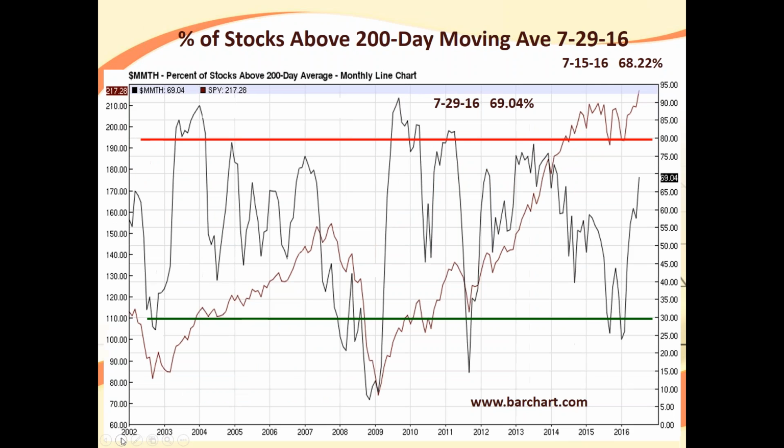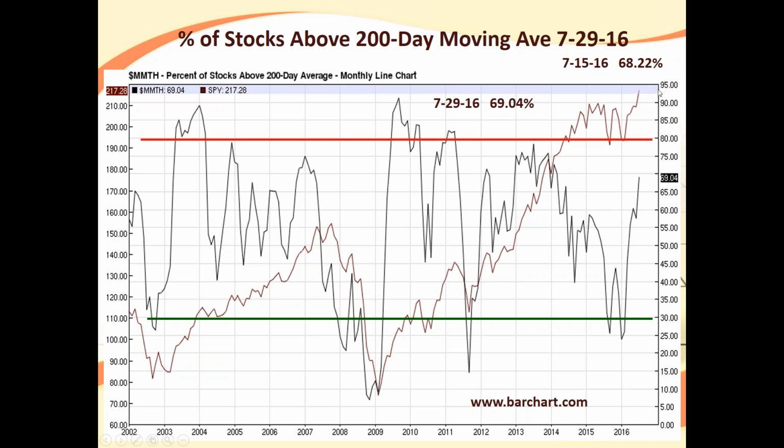Looking at a longer term chart, the percentage of stocks on the NYSE above their 200-day moving average. As we can see, we have more and more stocks being added to the list that are above the 200-day moving average. We're pushing up here towards the 70 level.